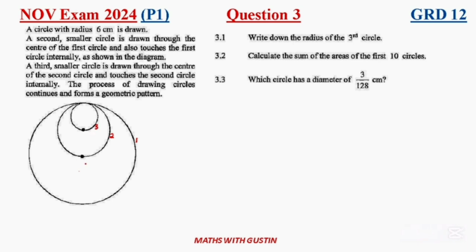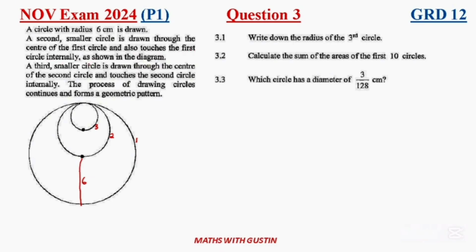Okay, so they are saying a circle is drawn with a radius of 6, so it means from here to there it's 6 centimeters, so therefore this is the radius. Okay, and then through the center of the first circle and also touches the first circle internally.